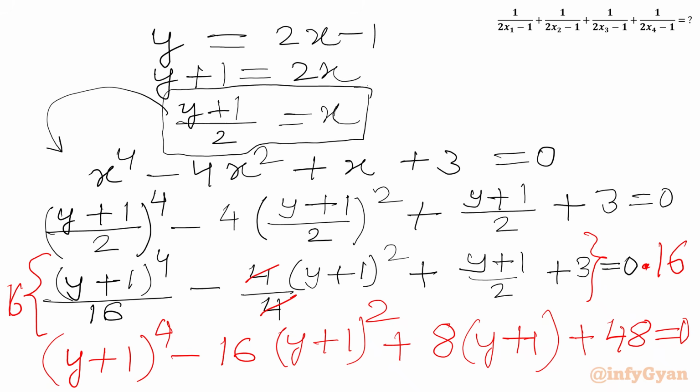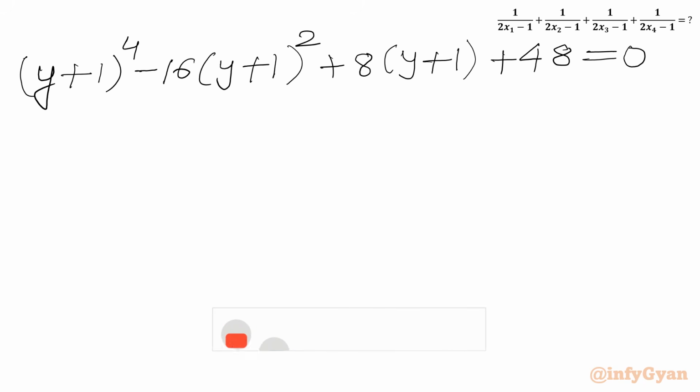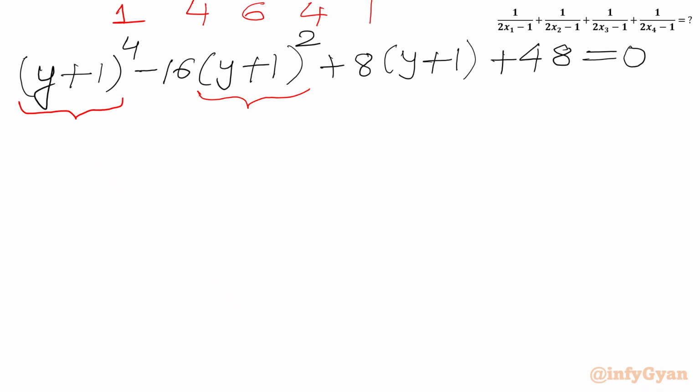Now we will simplify the LHS first. Let me write our equation here. Now we will use binomial expansion. So we can write this expansion and this expansion. For power 4 expansion, the coefficients are 1, 4, 6, 4, 1, which we will use here.